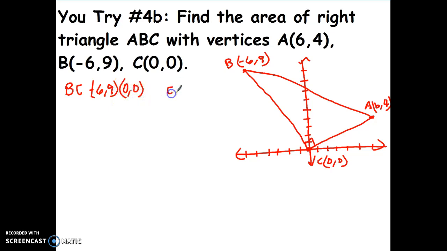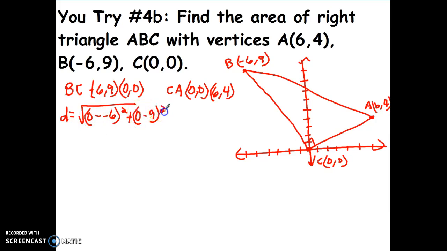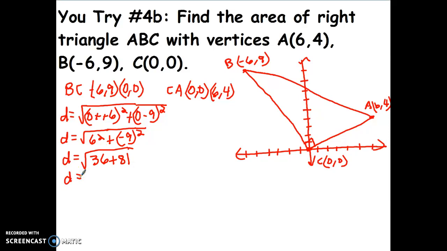And I also need to find CA, which is 0, 0, and 6, 4. 0 minus negative 6, 0 minus 9. 6 squared, negative 9 squared, 36 plus 81, square root of 117. So BC is the square root of 117.